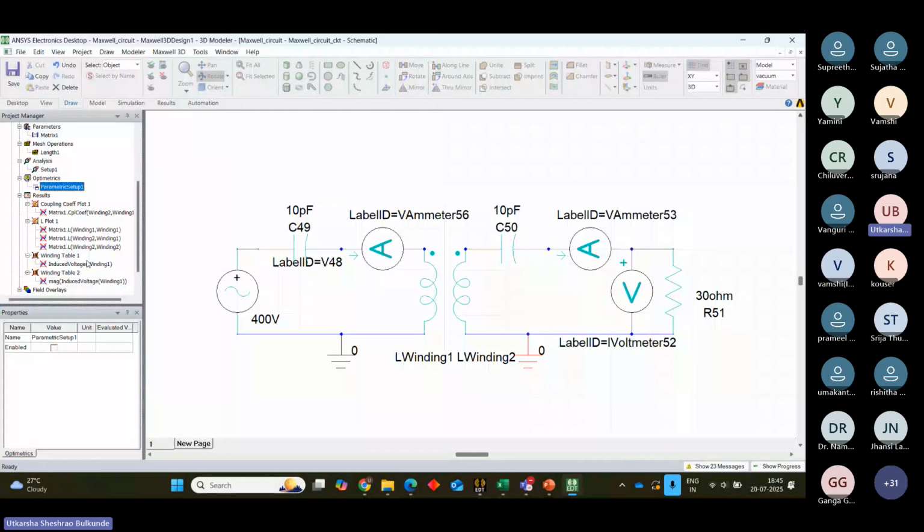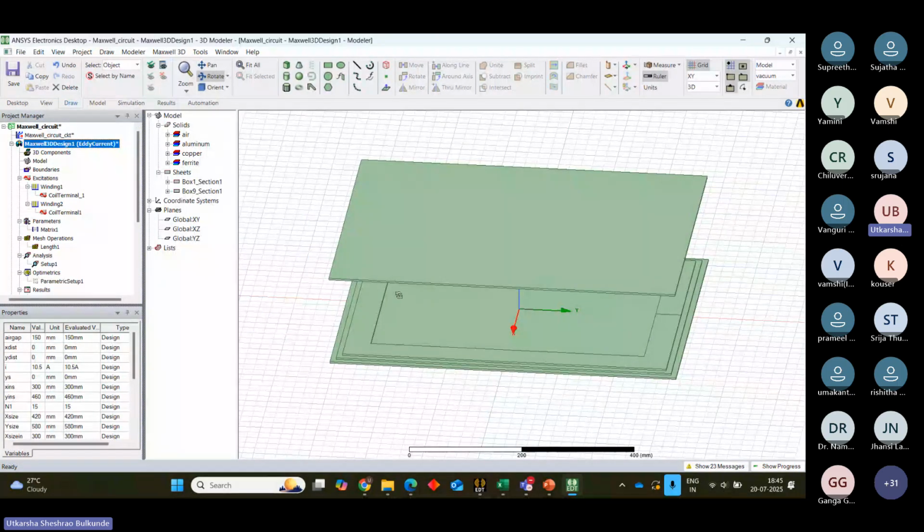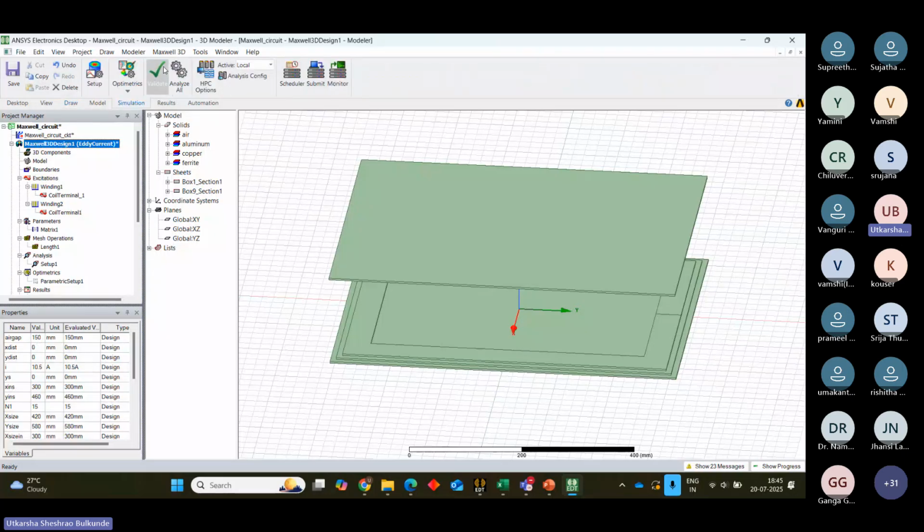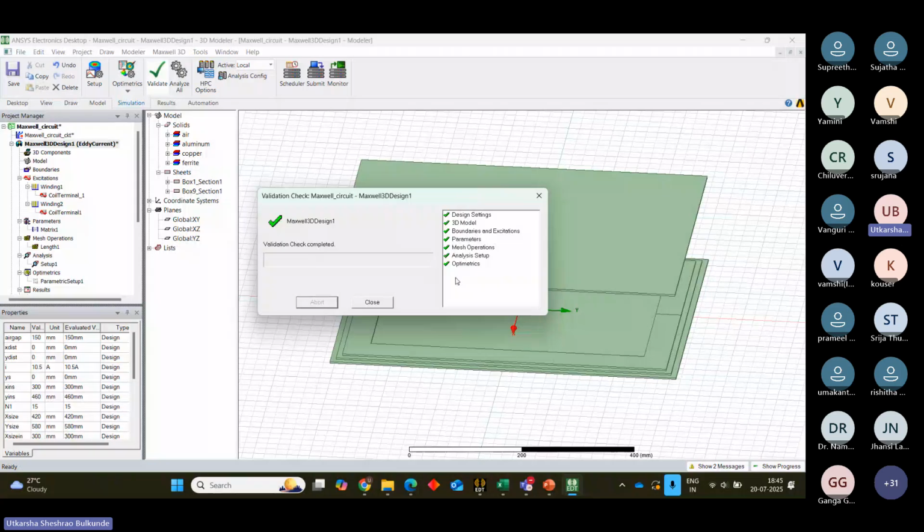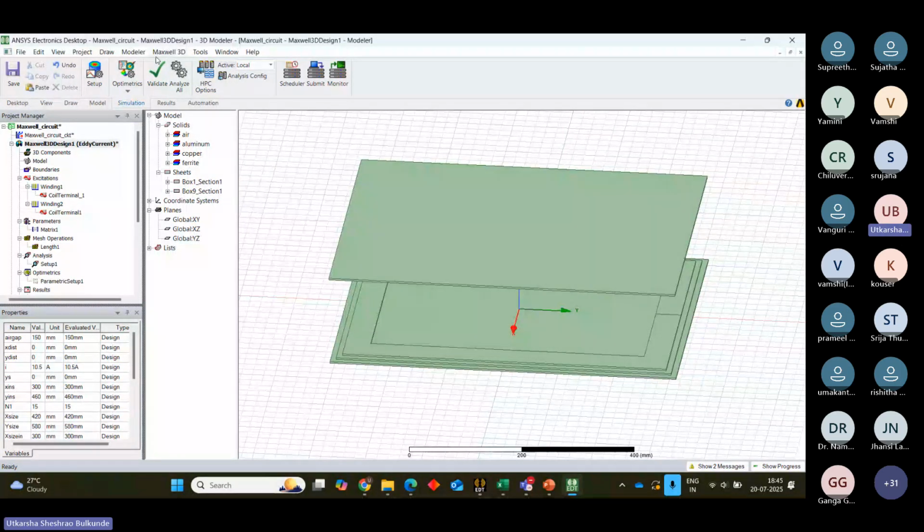But initially, when you want to set the capacitor value, I am disabling this setup so that I run it on just one point, when my transmitter and receiver coil are above each other at some air gap. For now it is 150. Validation is done, then analyze.